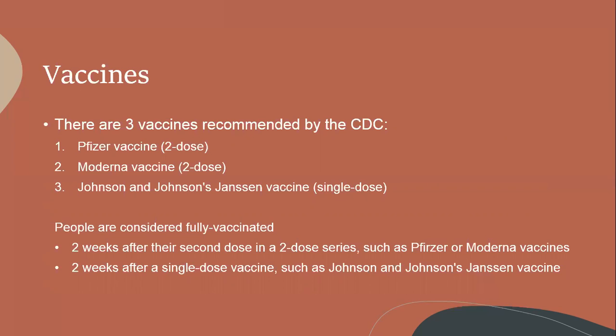You take your second dose after those 2 weeks, you're still not fully vaccinated. You must wait 2 more weeks after your second dose to be considered fully vaccinated. The difference with Johnson & Johnson is that it's a single dose, so you take 1 dose of the vaccine. 2 weeks later, after that first dose, you would be considered fully vaccinated.